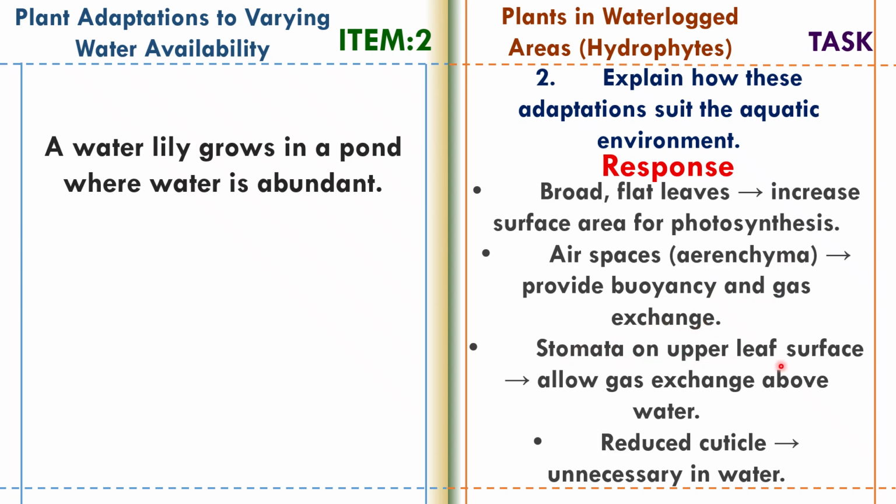Stomata on the upper leaf surface allow gas exchange above water. Reduced cuticle, this one is unnecessary in water.